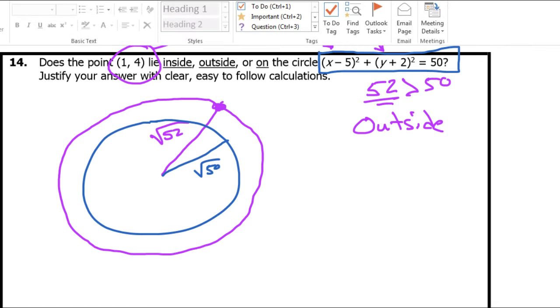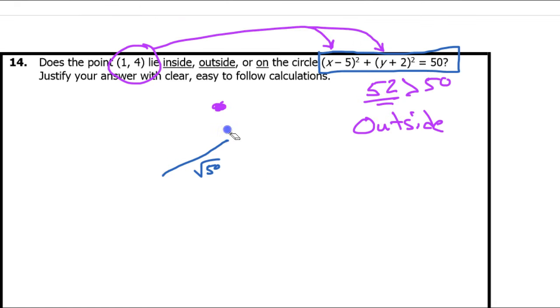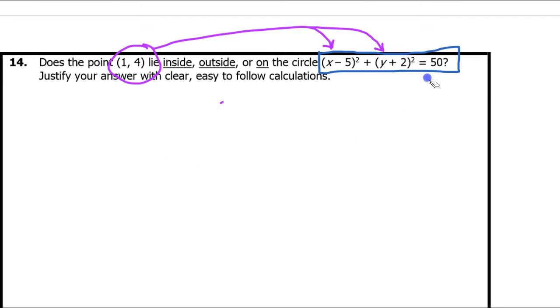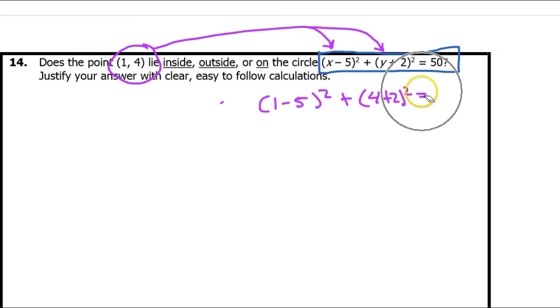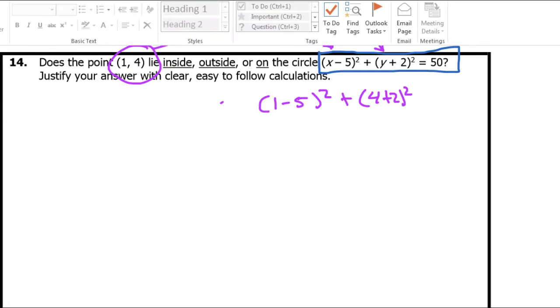So let's see what actually happens. Now we know our entire strategy. If we substitute 1 and 4 in for x and y, then this is going to become 1 minus 5 squared plus 4 plus 2 squared. I shouldn't even put an equal sign right now because I don't know if it's equal or not.